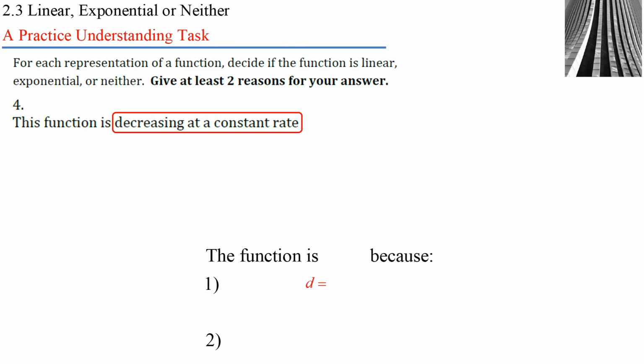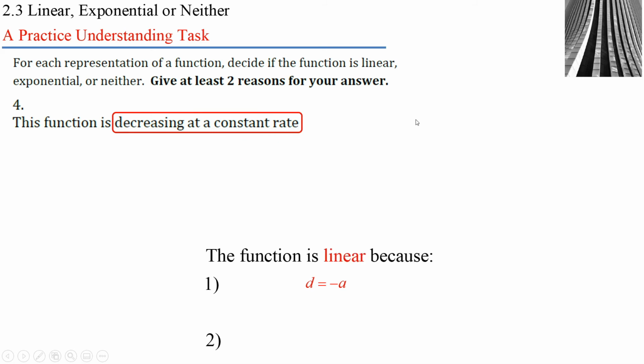I'm subtracting, or adding a negative, every time. And they did not tell me what that rate is, which is the same thing as a slope or a common difference. So I'm just going to call that some parameter a. I don't know what it is, but I do know there's a common difference that is a negative number a. I'm decreasing at a constant rate, so that's linear.